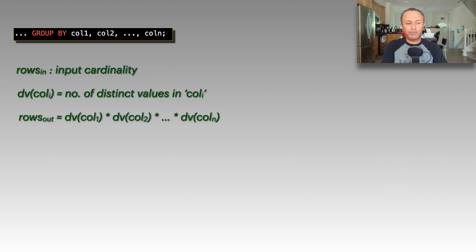Of course, that number of rows cannot exceed the input cardinality, right? Because when you're grouping, you're not creating new rows. You're just compacting the existing rows into a smaller number of rows. This is why we have to add a safeguard here: the output rows are the minimum of the input rows and the product of the distinct values.